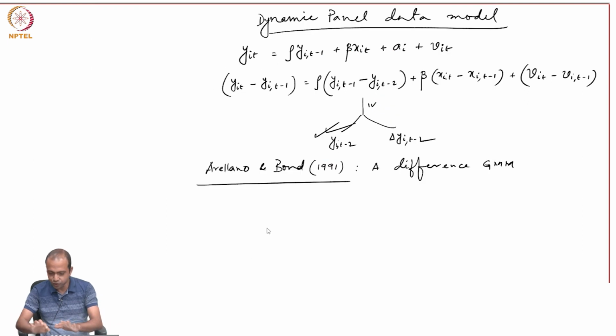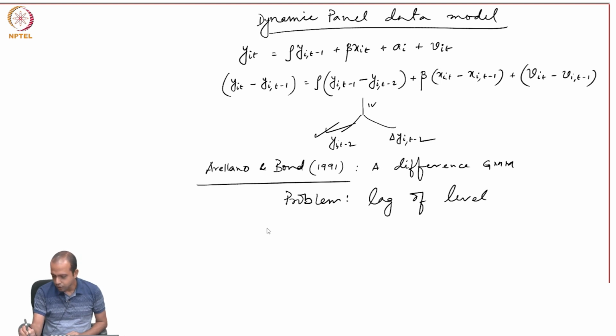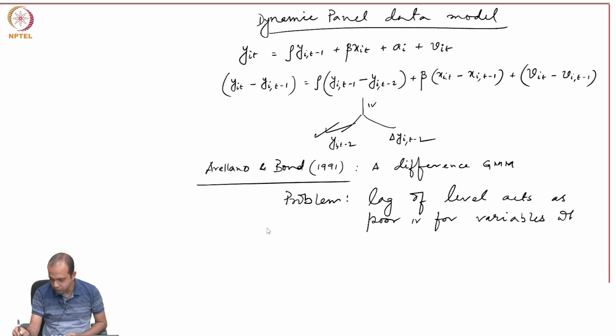So, this is Arellano-Bond difference GMM. Here the problem is, as we have already mentioned, that lag of level acts as a poor IV for variables which are in differenced form.